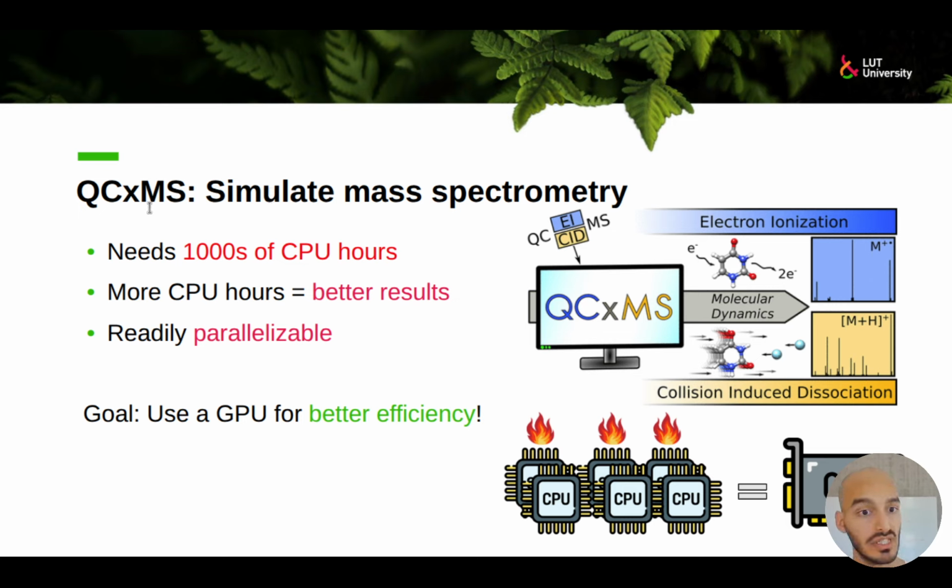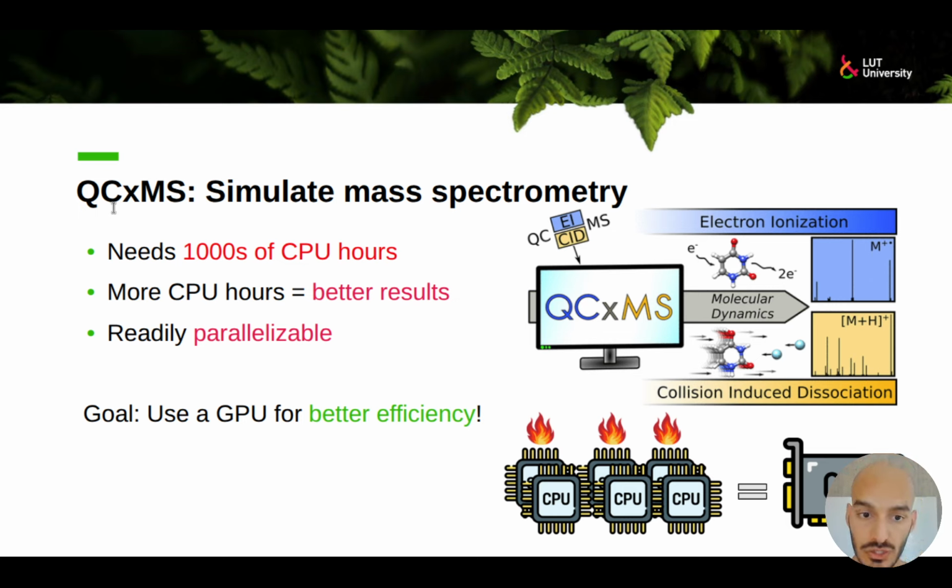However, QCXMS is cheaper than a mass spectrometer, but it is still very inaccessible to an average researcher because it requires thousands of CPU hours. So it is more accessible, but not fully accessible to everyone. It needs more CPU hours, and the more it gets, the better the results become.